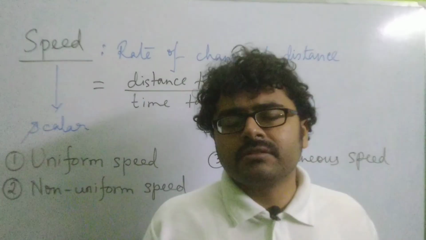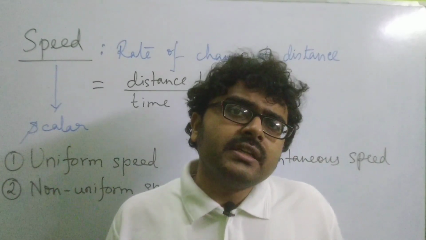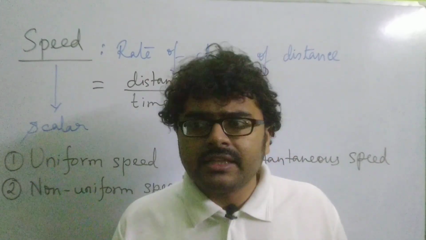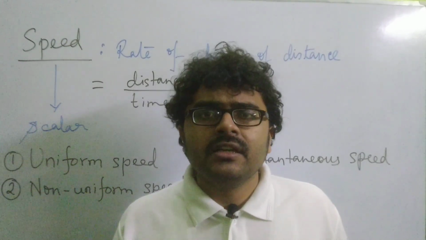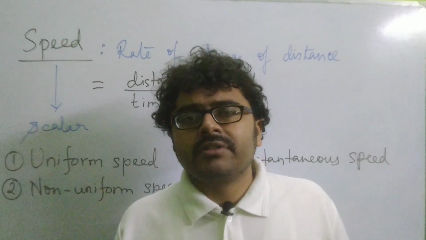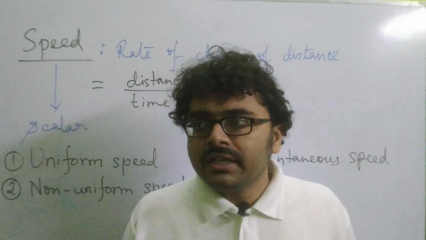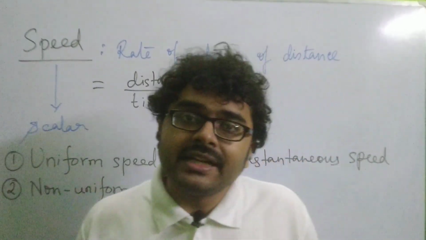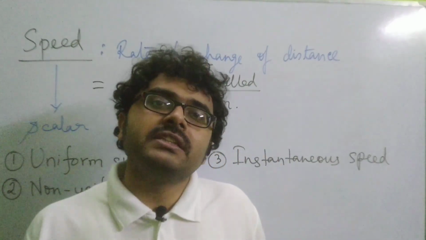For the first 10 seconds you may see 30 km per hour, then after some time interval you again see for 5 seconds that the speed is 80 km per hour. So it is varying. That speed at that very instant when you are observing the speedometer is said to be instantaneous speed.